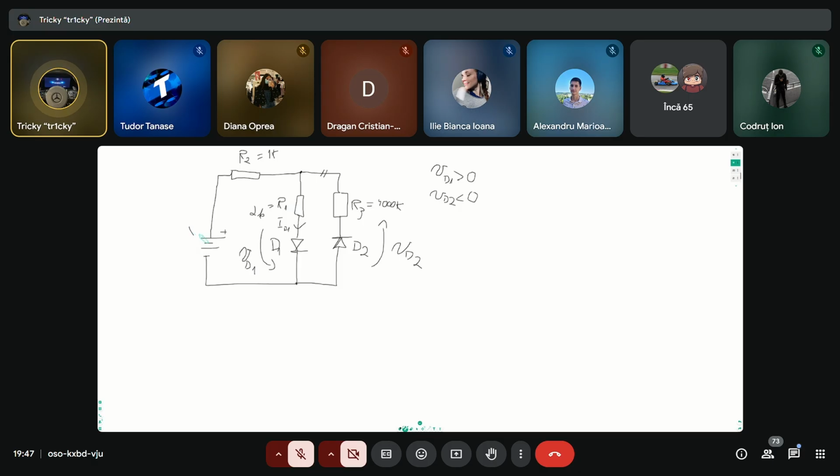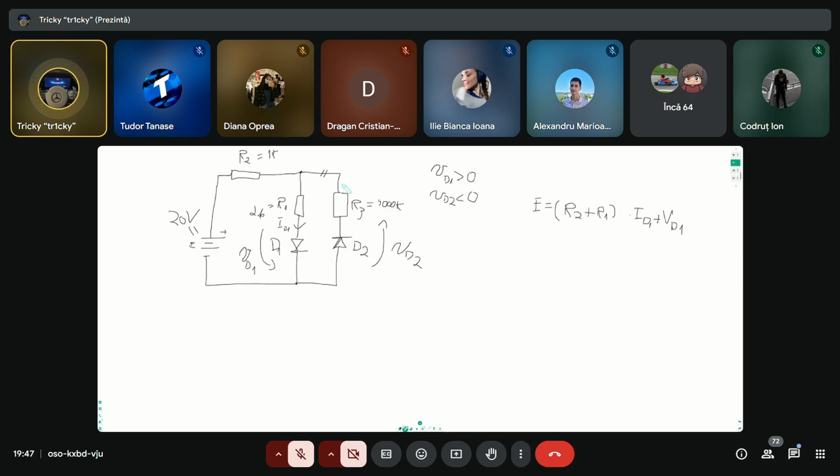This is E, 20 volts, and we just take a Kirchhoff loop over this closed loop, and we know that E is equal to R2 plus R1, which are basically in series, times ID1, the current here, plus VD1. Perfect.